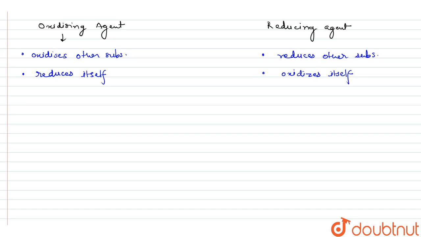Now here they are talking about ozone. Ozone is O3. What is the specialty of ozone? Ozone is unstable and dissociates very quickly as O2 plus O. The O formed here is in radical form and is known as nascent oxygen.